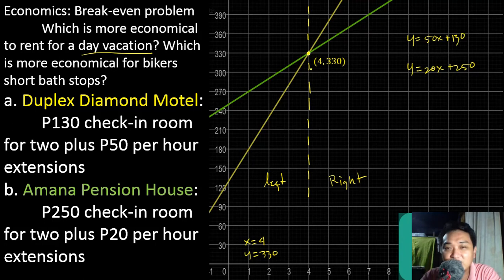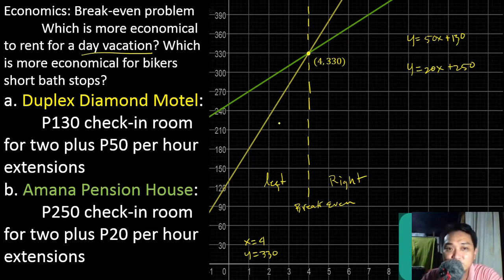Etong line na nasa gitna, that line symbolizes our break-even. Kasi, dito sila patas. Ayan po. Yun yung ibig sabihin ng break-even analysis. Tinitingnan natin kung saan sila patas.